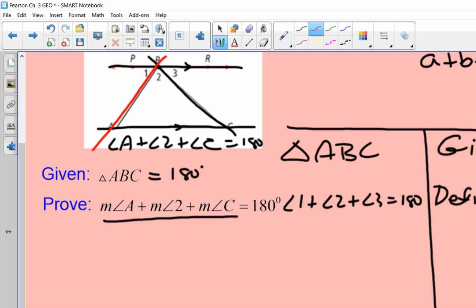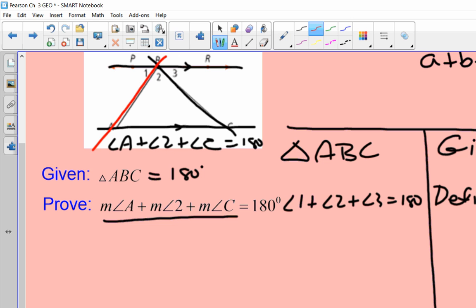And now all of a sudden, I think I can start using this transversal stuff, because now I've got two lines that are parallel. PR and AC are parallel to each other, and now the lines AB and BC create transversals, okay?